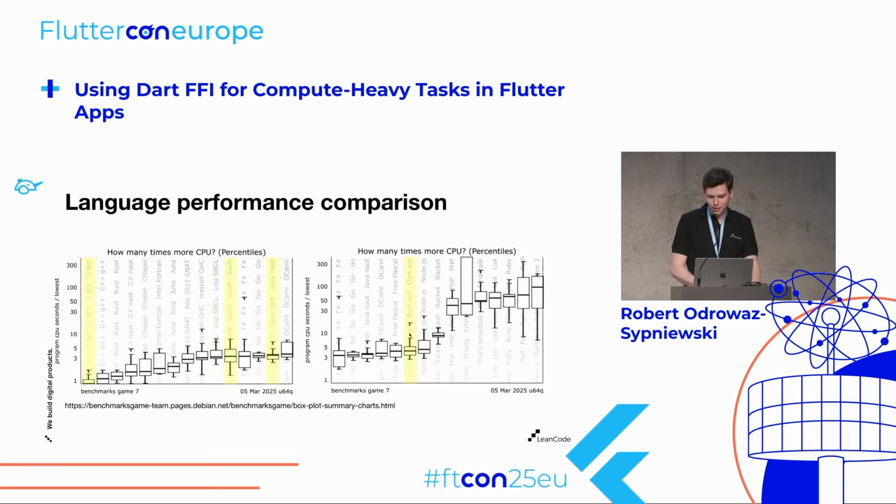Dart is here on the right side, and it's around 5 times slower than the benchmark. The benchmark is obviously C here, which is the fastest one in this measurement. Swift and Java are here. They're slightly faster than Dart, but it's, I don't know, 20% maybe.